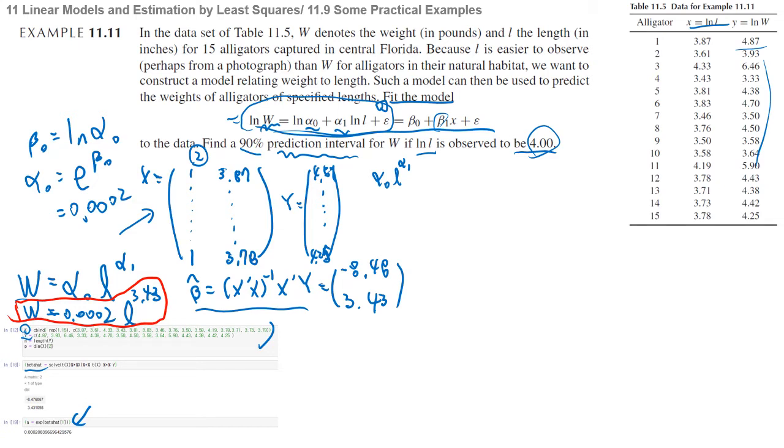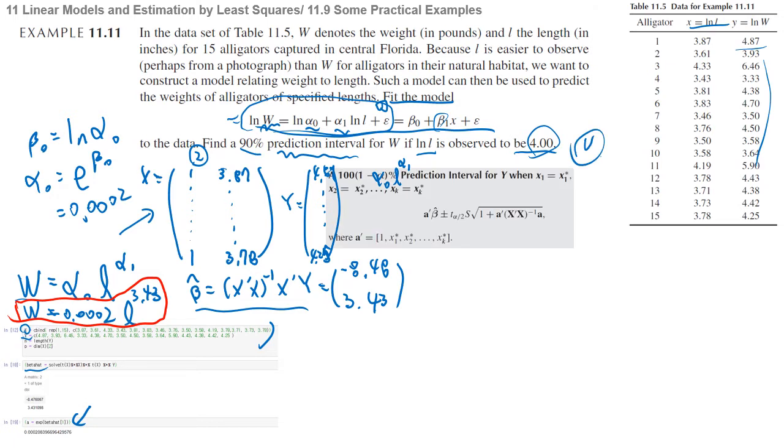Let's check the next question: find a 90% prediction interval for W if ln L is observed to be 4.0. We want to construct the prediction interval, and actually we have the formula for this.